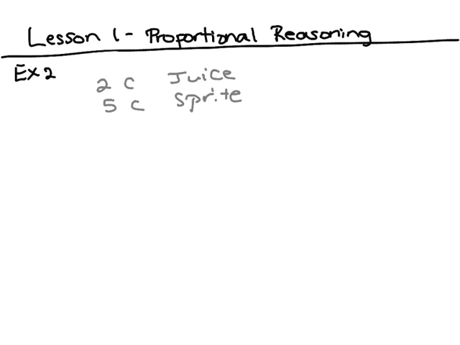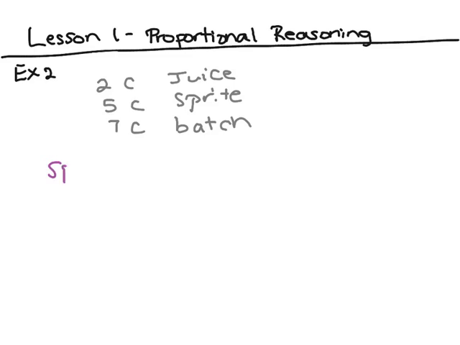So if we were to make one batch of punch, it would have 2 cups of juice and 5 cups of Sprite. So altogether, it would have 7 cups of liquid. So in one batch, you have 7 cups of liquid. Now to solve for our missing value, we have to set up a proportion. So we want to figure out how much Sprite we need.